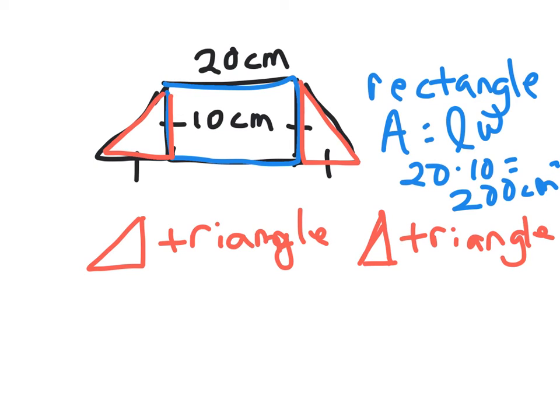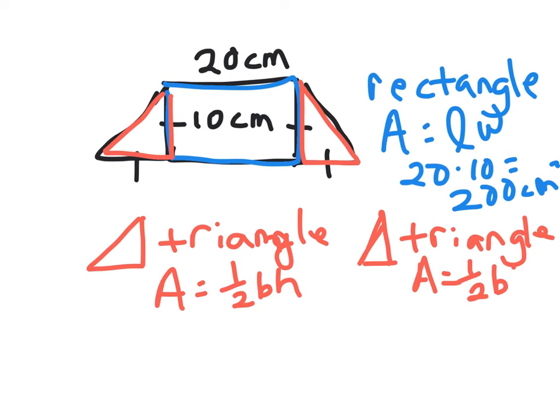Going back to the triangle, as in the previous problem, area is 1/2 base times height, and I'm going to do these both at the same time since they are the same size. I can tell that by looking at the hash marks. So I've got 0.5. The bottom of this triangle would have to be 10 since this hash mark matches this one.